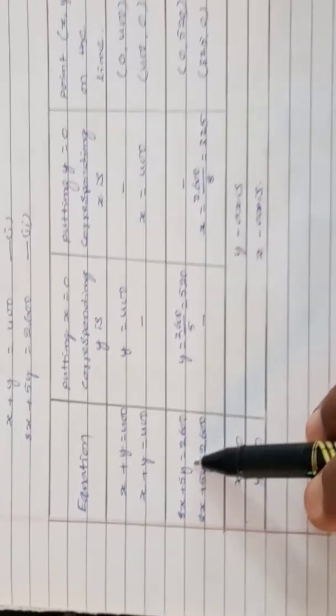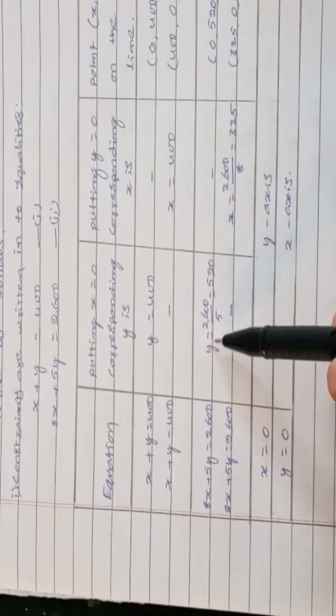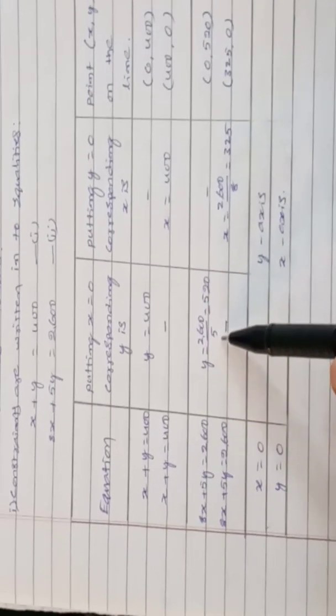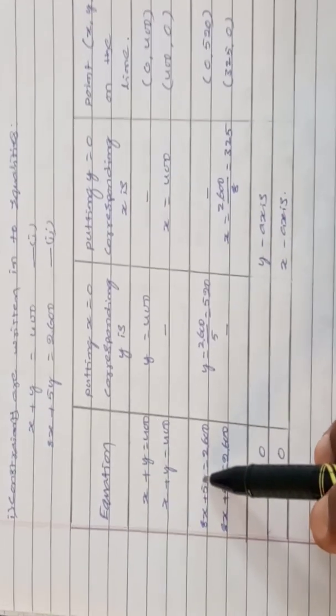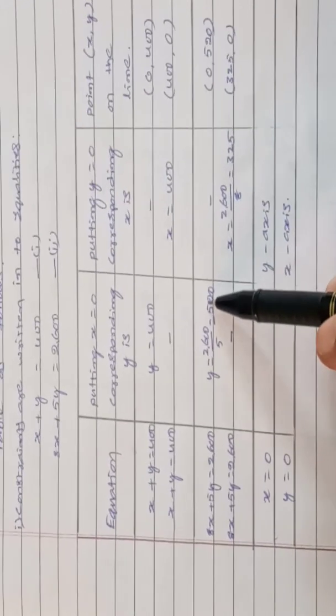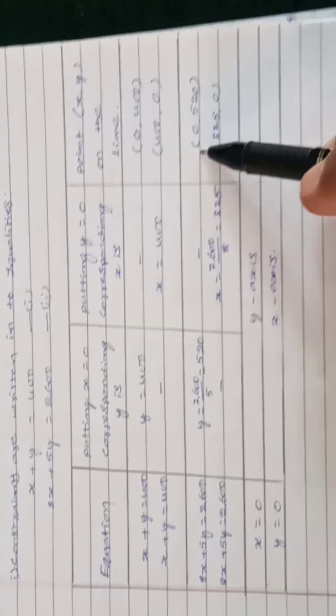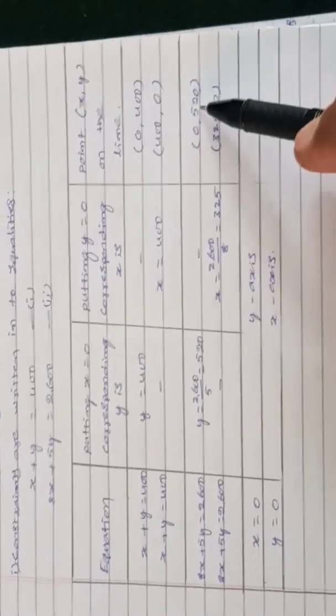Next, 8x plus 5y equal to 2600. Where x equal to 0, y equal to 2600 divided by 5, which is 520. The point on the line is 0, 520.